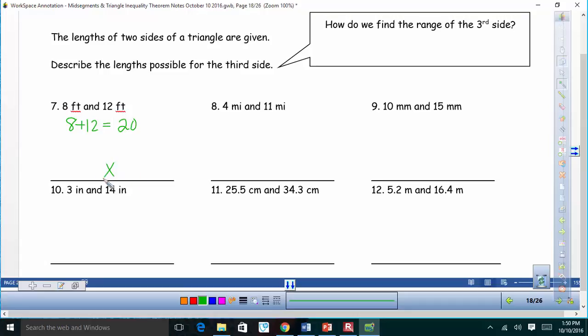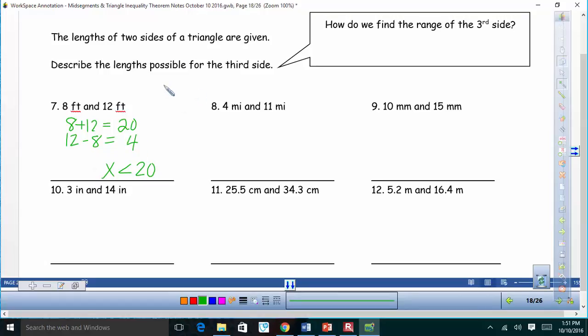So I'm going to put x is less than 20, but then I also want to subtract those, which would give me, no, sorry, 12 minus 8, which gives me 4. Okay?